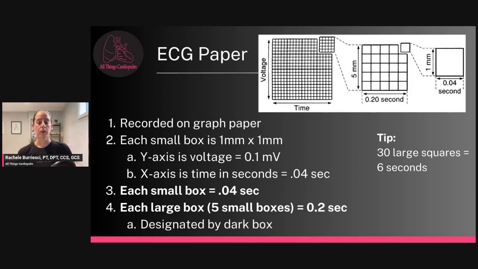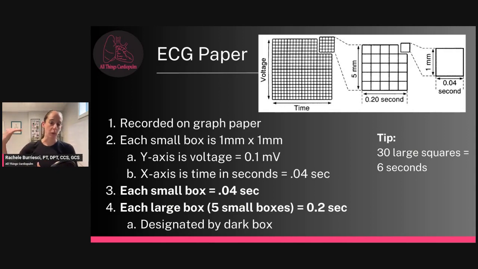But it's important because this tells us time. So the x-axis on the graph paper is time in seconds, and every small box is 0.04 seconds. Every large box, aka 5 small boxes, is 0.2 seconds. Okay.